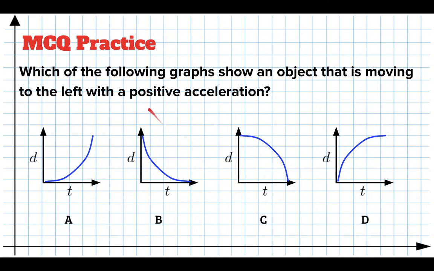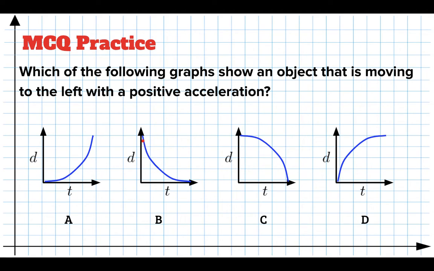Now we got to figure out which has a positive acceleration. That means that the velocity must be increasing. So here, the slope is like maybe -1, and then -2, and then -3. This slope is decreasing. It's becoming more negative, farther to the left on the number line.